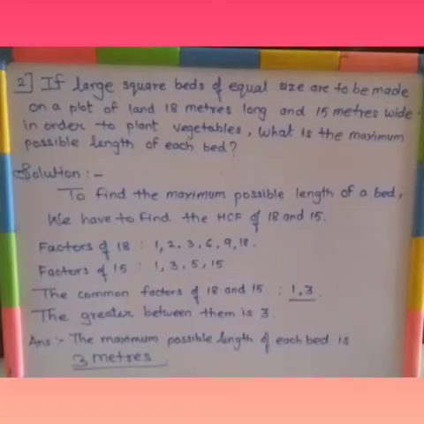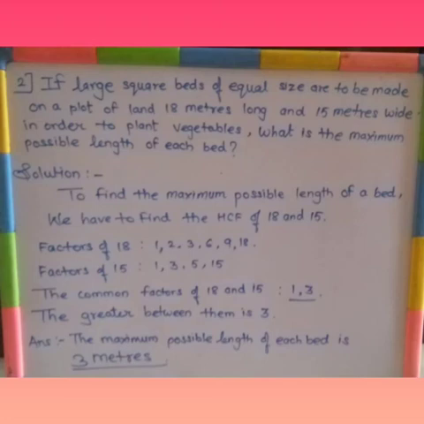If large square beds of equal size are to be made on a plot of land 18 meters long and 15 meters wide in order to plant vegetables, what is the maximum possible length of each bed? Solution: to find the maximum possible length of a bed, we have to find the HCF, that means the highest common factor of 18 and 15.